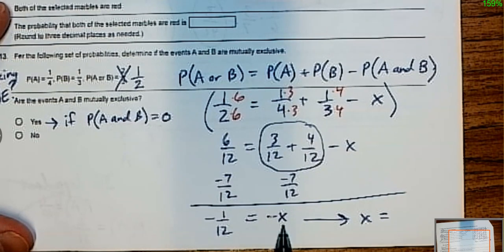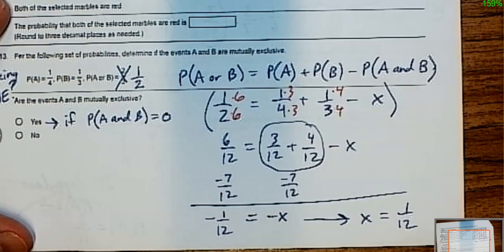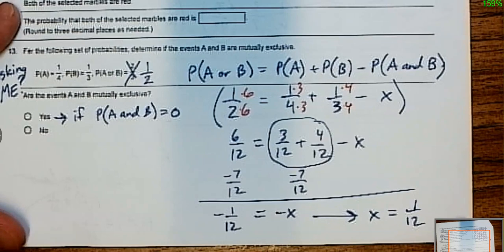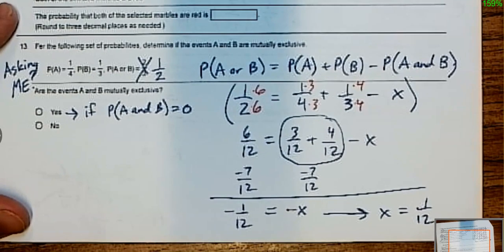Well, if negative 1/12 is equal to negative x, how about positive 1/12? All right, so what's my answer? Are A and B mutually exclusive? No.